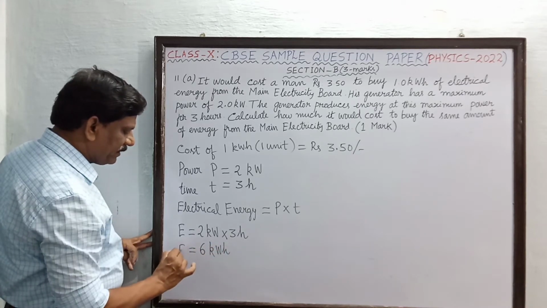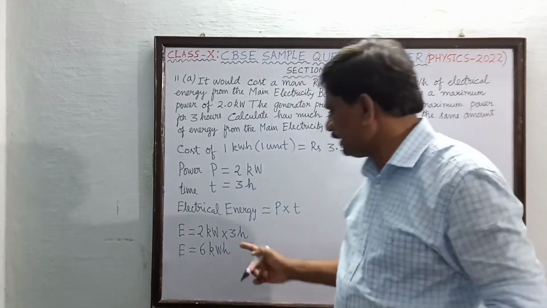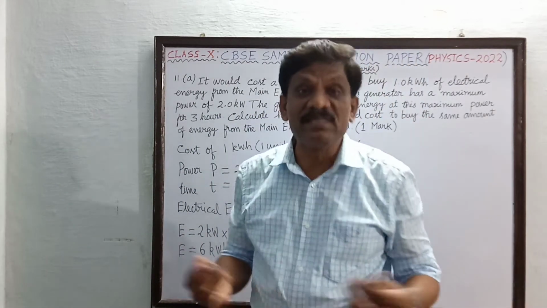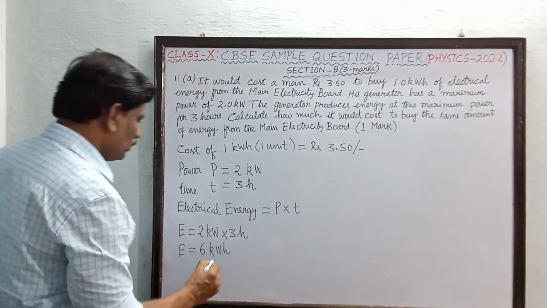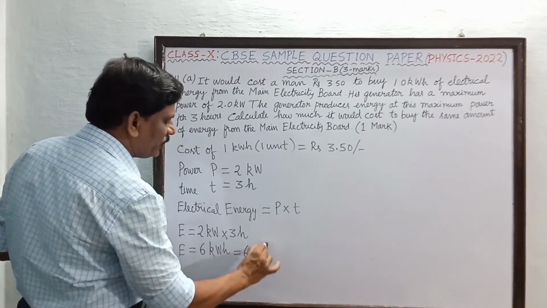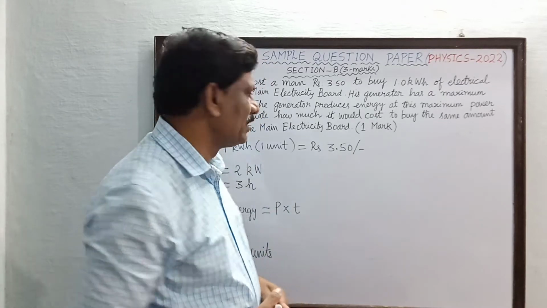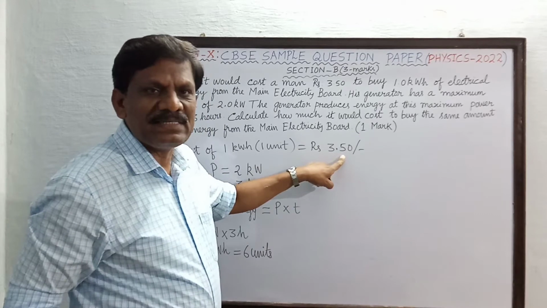So the electrical energy consumed by the generator is 6 kilowatt hour. That means 6 units, is it not? So this is also equal to 6 commercial units. So what is the cost for 1 unit given? 3 rupee 50 paise.